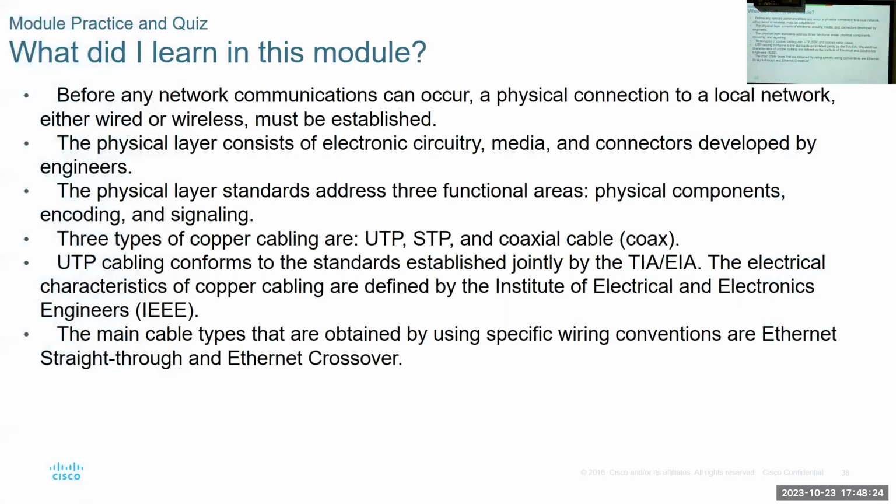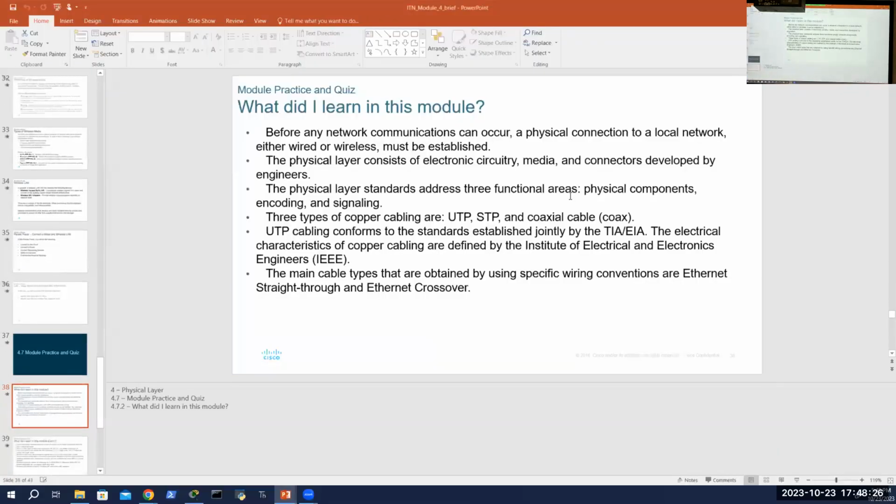I probably skipped over some stuff that I didn't think was necessary, basically stuff that has already been covered in other classes or is not necessary for this class. This class really doesn't do a lot with wireless, so it's not something we spend a lot of time talking about.